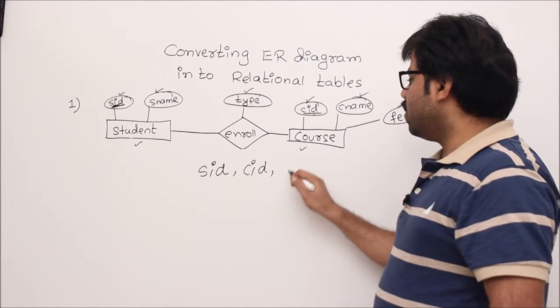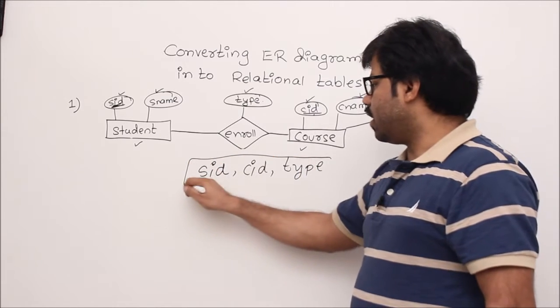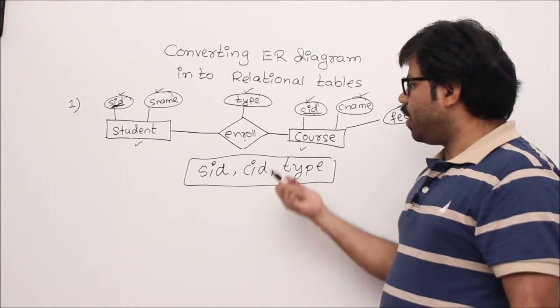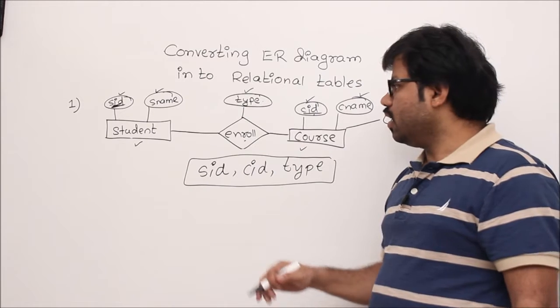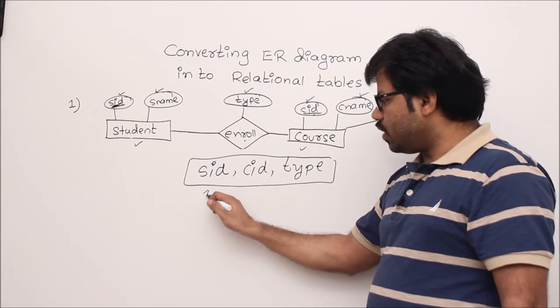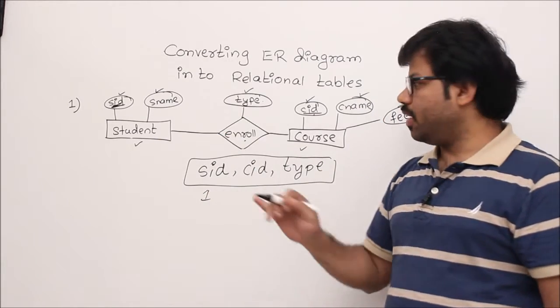Along with this, the descriptive attribute, we make a table that is nothing but a table for enroll. Understand? So what is the primary key for this table then? Simple. In this kind of relationship, ask yourself, student ID, is it unique? No, because a student can take multiple courses. It depends on the key.